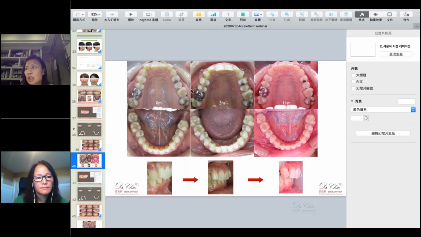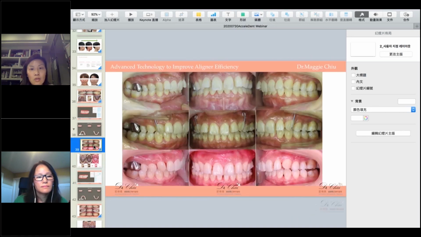I want it to be perpendicular to the root surface, so I make my power arm a little bit longer, so it's parallel. As you can see, here's the power chain. And you don't have to cut the aligner. It's already manufactured with a wider opening on the top.